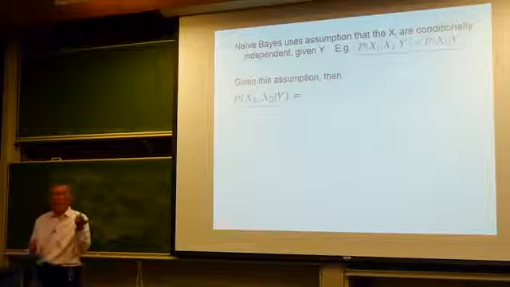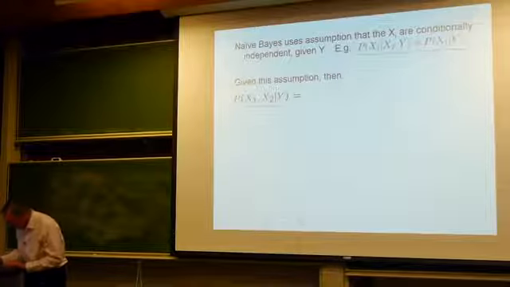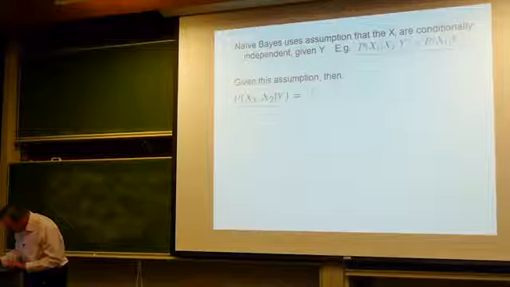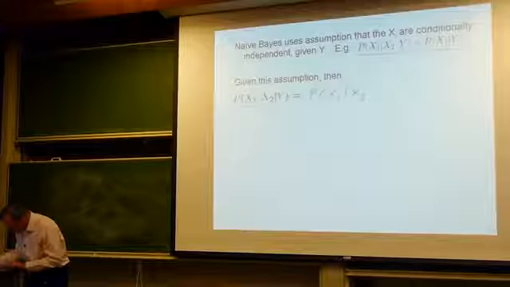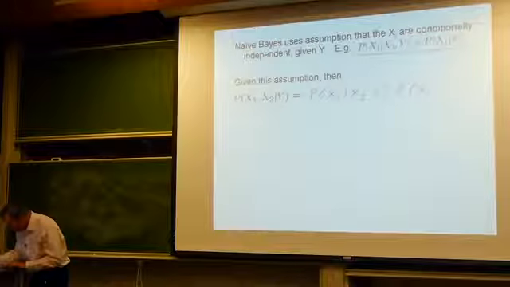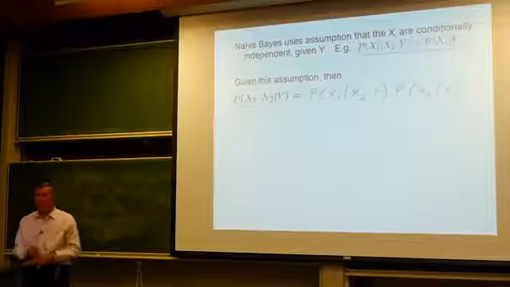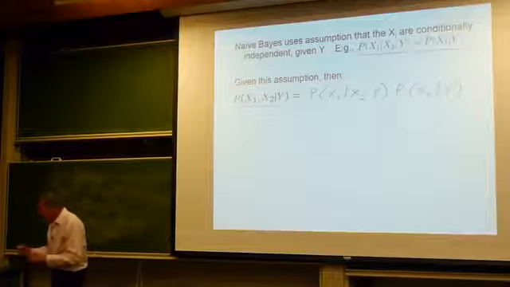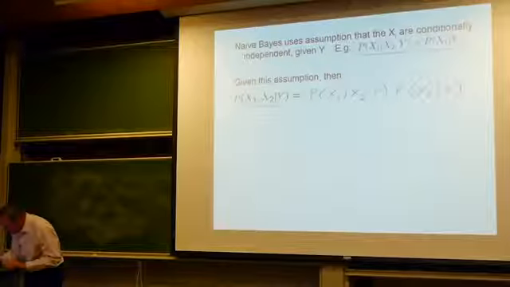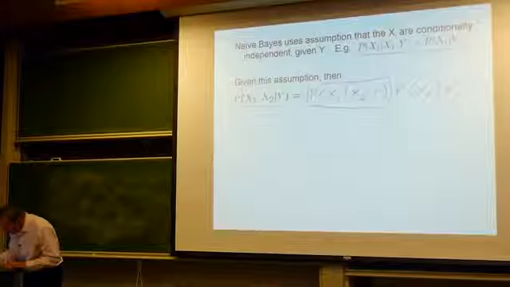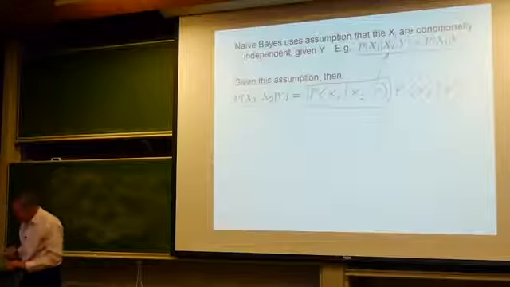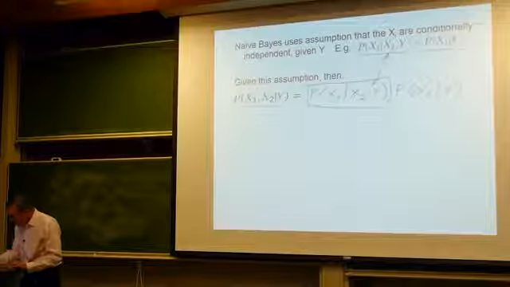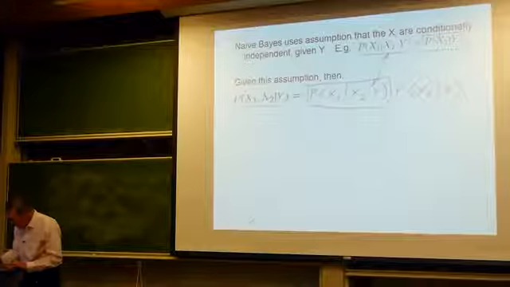Remember, the chain rule tells us that we can rewrite anything like this as just p of x1 given x2 and y times p of x2 given y. So this is just the chain rule, no assumption there. But now, you see this term is that term. And so if we make the conditional independence assumption, we can replace this.